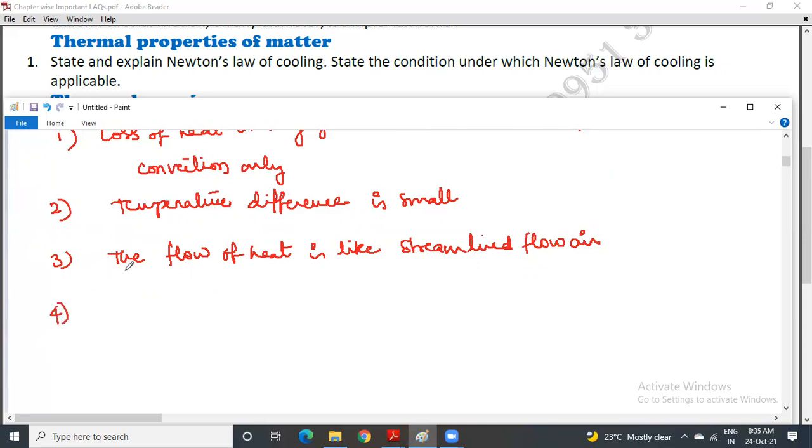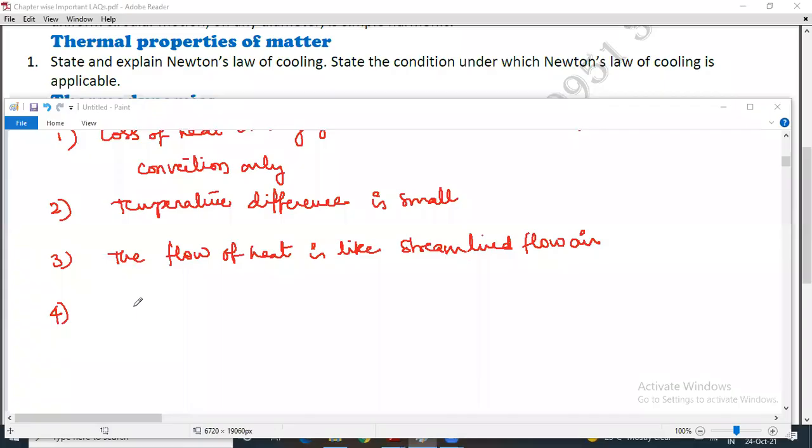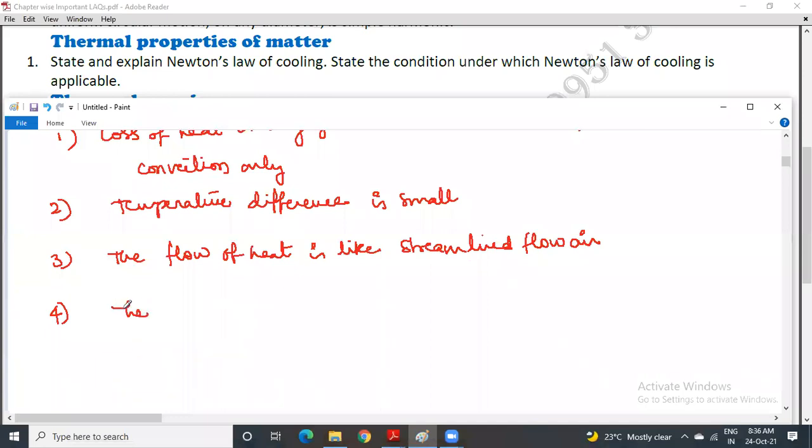And fourth point, the temperature is uniform throughout the body. So this is explained only keeping in mind 6 marks. Numericals I'll take up separately.